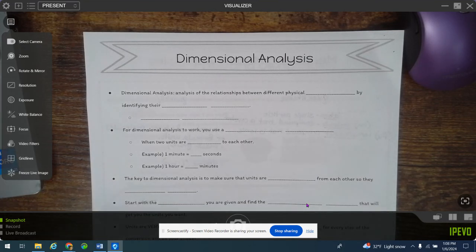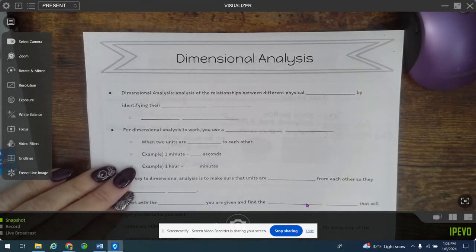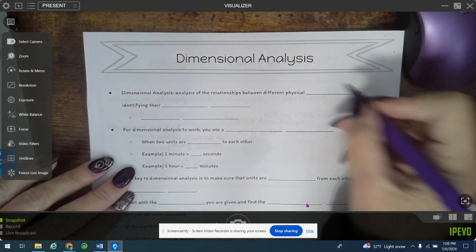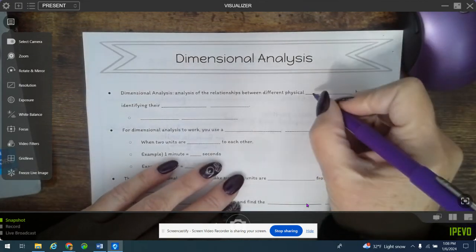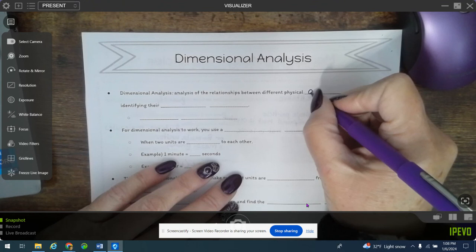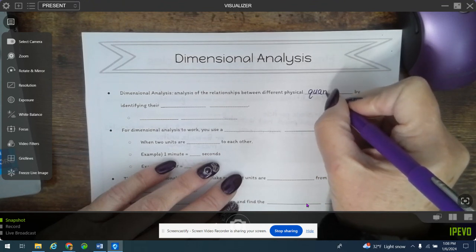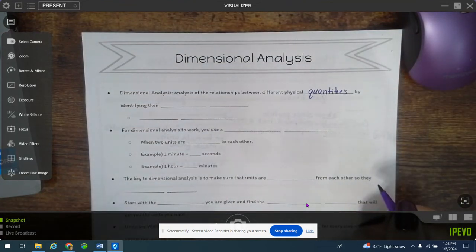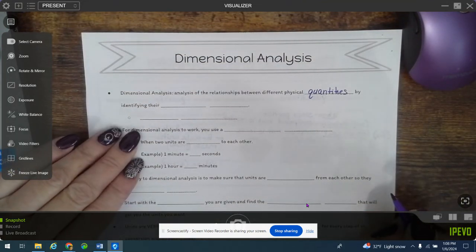So dimensional analysis uses the relationship between different physical properties, physical quantities, by identifying their base units.